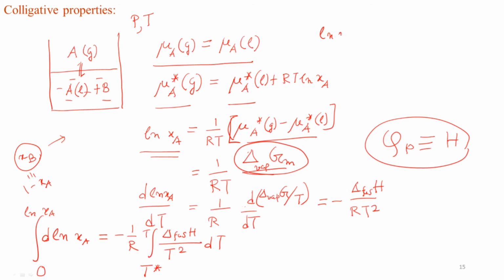So we have ln XA, which we can write as ln of 1 minus XB, and the right hand side will become minus 1 over R. The integration of 1 over T squared is minus 1 over T, so that minus gets cancelled with this minus, and if we calculate the limits, it will be 1 over T minus 1 over T star.